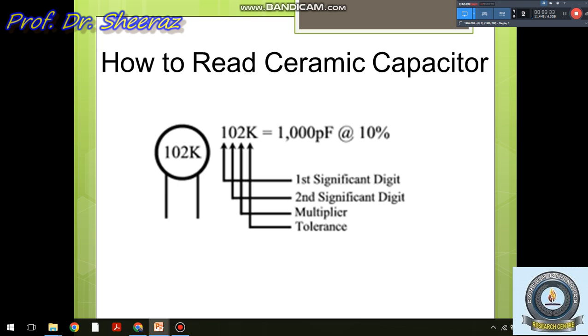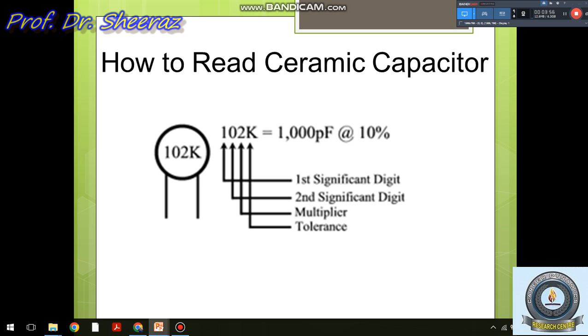Now, how to read a ceramic capacitor, what its value is? Let's suppose there is a value which is given as 102K. The first figure, 1, is the first significant digit, and the second value is the second significant digit, but the third one is the multiplier, as we have seen in the case of resistors as well.